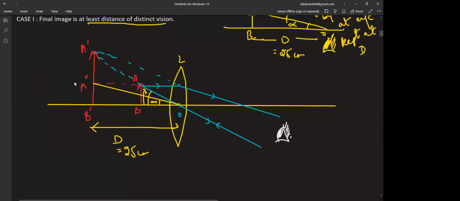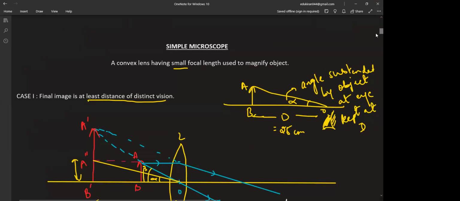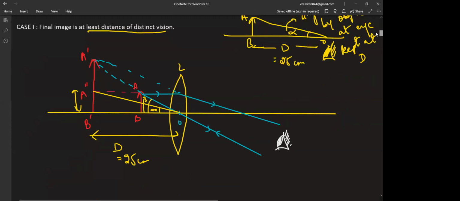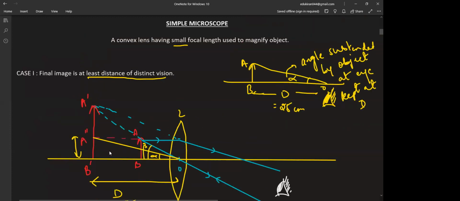I'm taking this exactly at the level of AB because I didn't want to take a separate figure, otherwise you'll be confused. You have to draw this and put ABCD exactly as you have drawn it. So directly learn from here: A double dash B dash is exactly equal to AB.